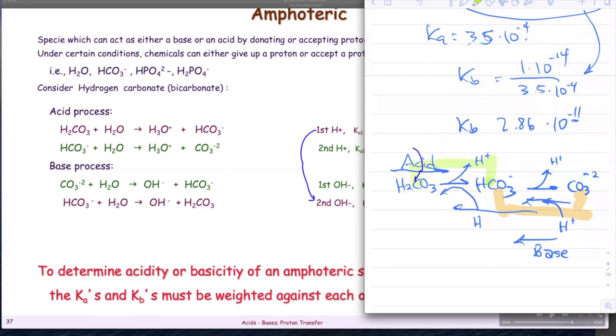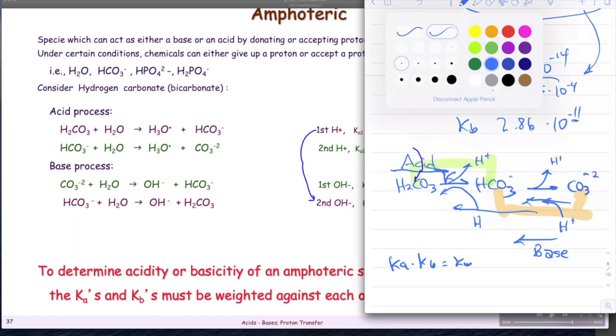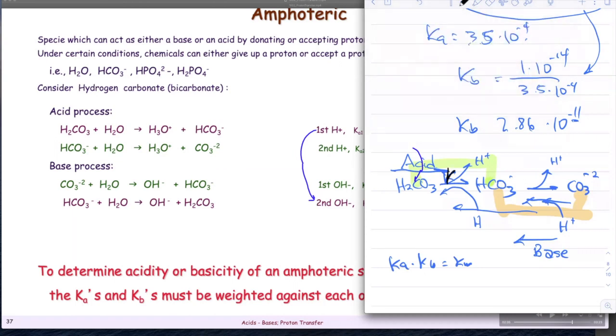So the only time Ka and Kb equals Kw is for conjugate pairs. The Ka1 is Ka1 because it gives out the first hydrogen. This is Ka2 because it gives out the second hydrogen.